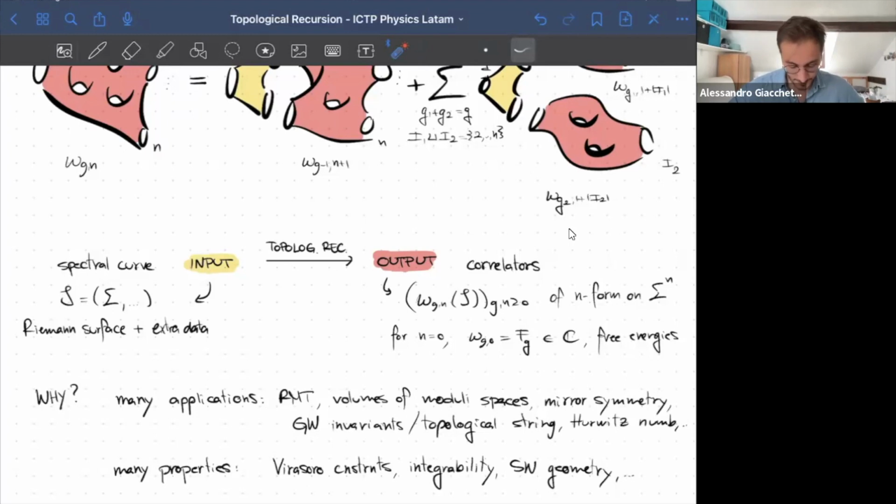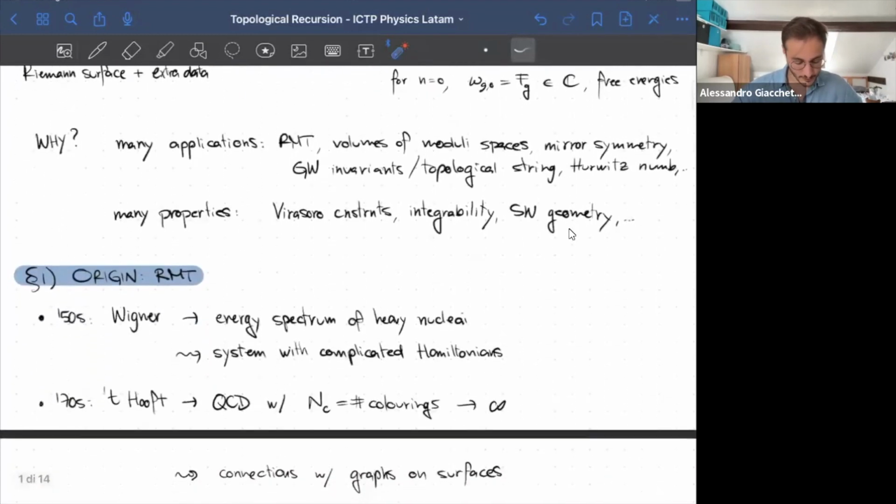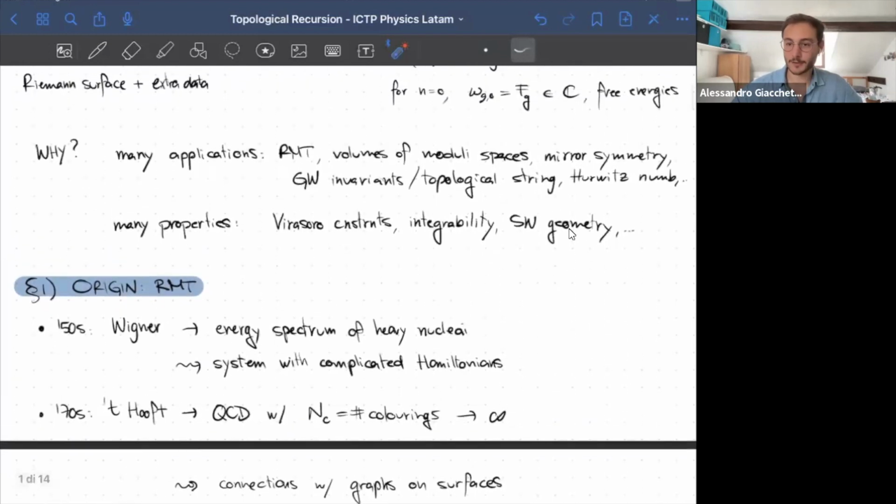Let me start explaining this topological recursion formalism, starting from its origin, which is random matrix theory. I guess one week ago you had a seminar on random matrix theory. I will just recall a bit the history to be on the same page.